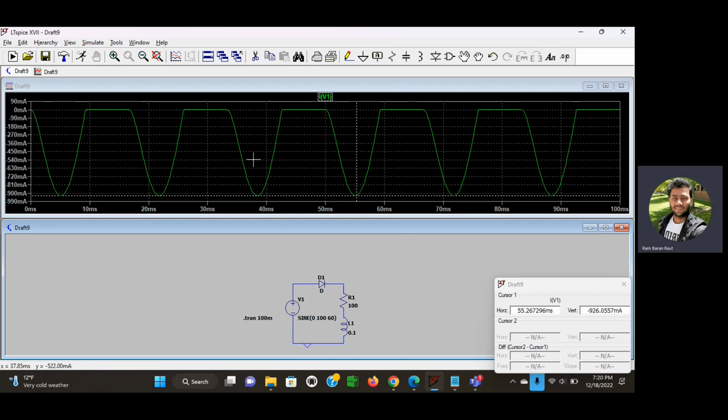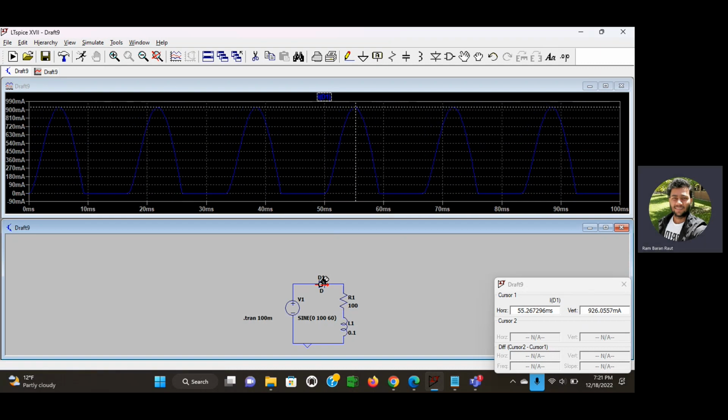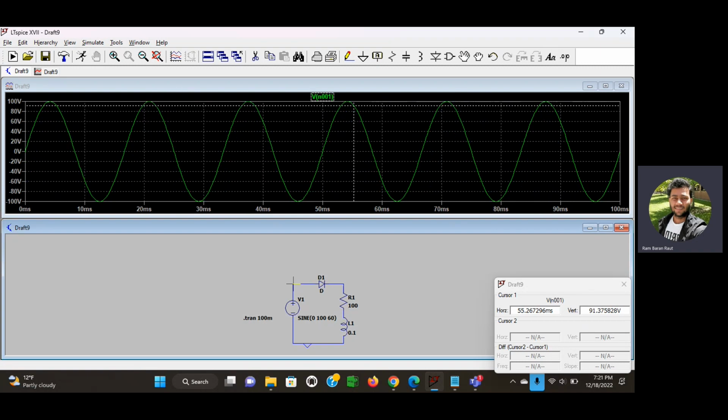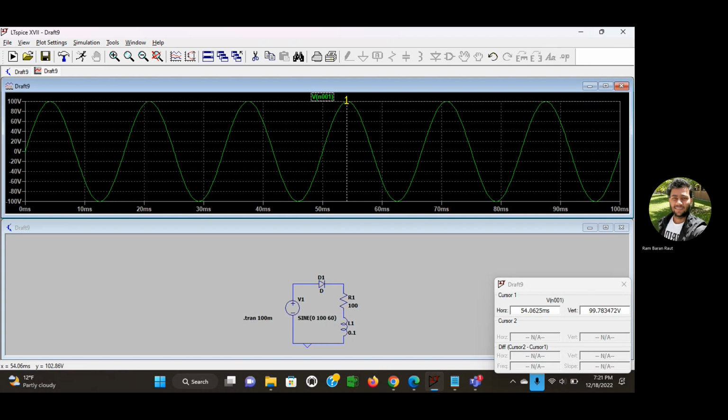This is just inverted because of the diode. For the voltage, the source voltage is almost 99.78, but over here we have about 100. This is the peak one.